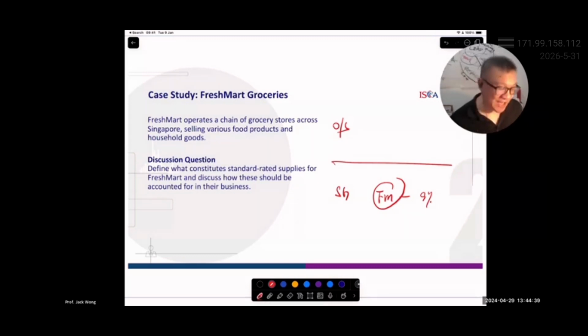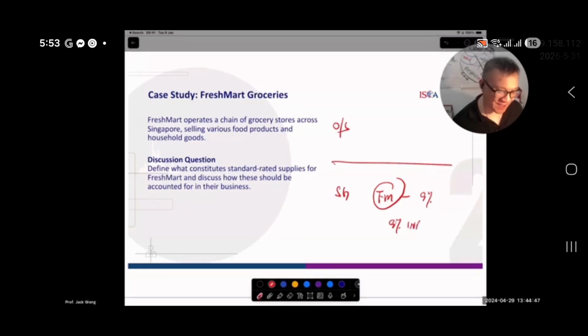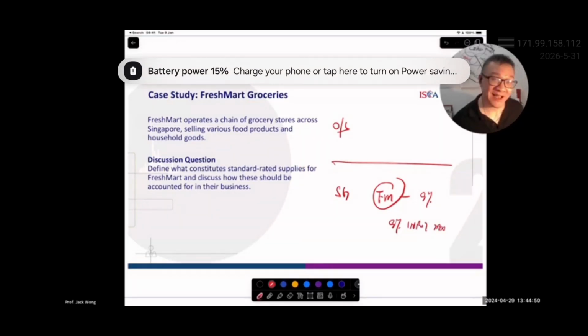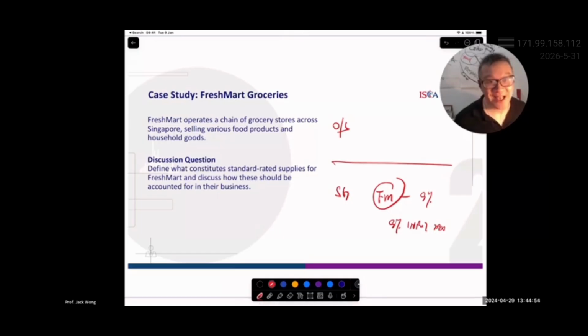And if it incurs any business purchases, then the 9% that is charged to Fresh Mart becomes input tax. Again, the question is whether it can claim it back as input tax credit. The answer is yes, of course, provided that number one, it is a business purchase, and number two, it has a valid tax invoice. So this is pretty much standardized, and I think it's straightforward, isn't it?